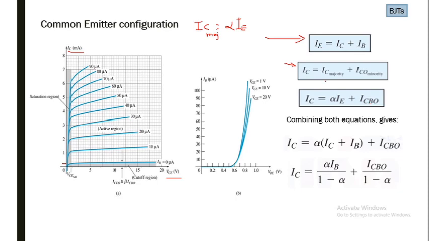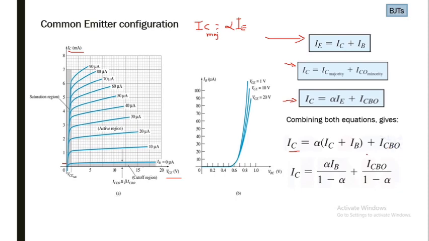Now putting IE from this equation to this equation, we will have this equation that says IC is equal to alpha times IC plus IB, plus ICBO.